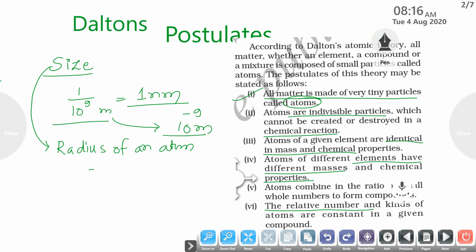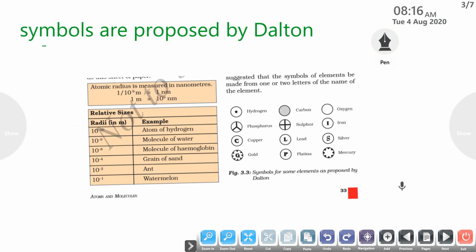Now, we will see some of the other atoms' atomic radius. Just focus here. Here, atom of hydrogen. So, what is the value of atomic radius here? 10 to the power of minus 10 meter. This is the radius or atomic size of the hydrogen. Then, molecule of water is 10 to the power of minus 9 meter. This is the size of the molecule of water.